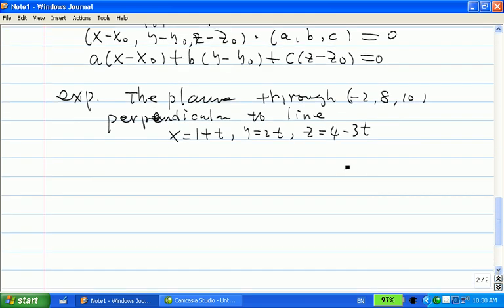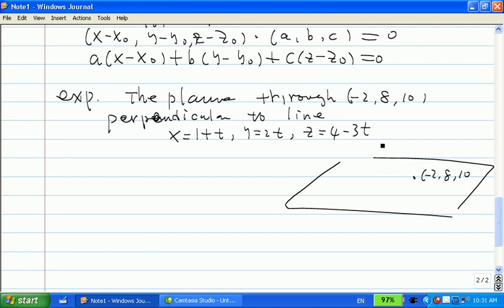Okay, here's the problem. We have a plane. This plane contains the point -2, 8, and 10, and is perpendicular to a line. The equation of the line has been given in this parametric form.